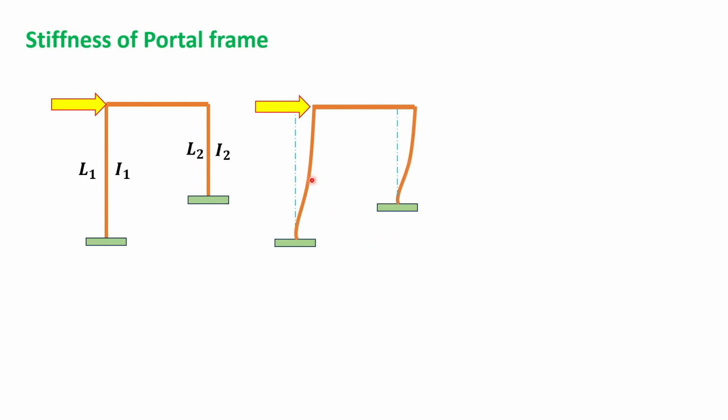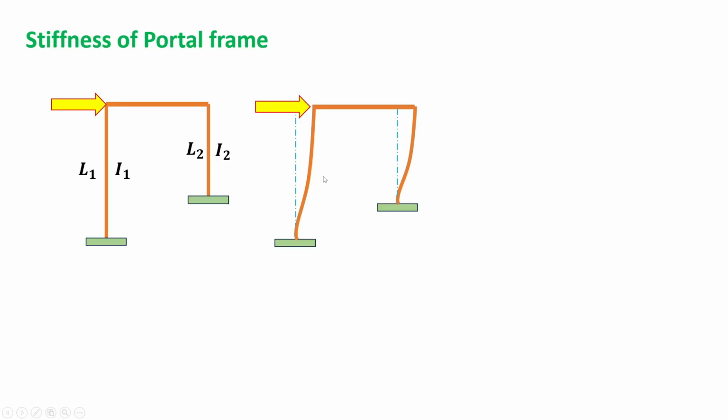Now whether K1 and K2 are in series or parallel can be understood by noting that in parallel springs, the springs undergo the same deformation. So here the first column is moved by a certain amount. The same amount is the movement for the second column. So these two springs, two columns, have moved by the same amount at the top, so they are in parallel.